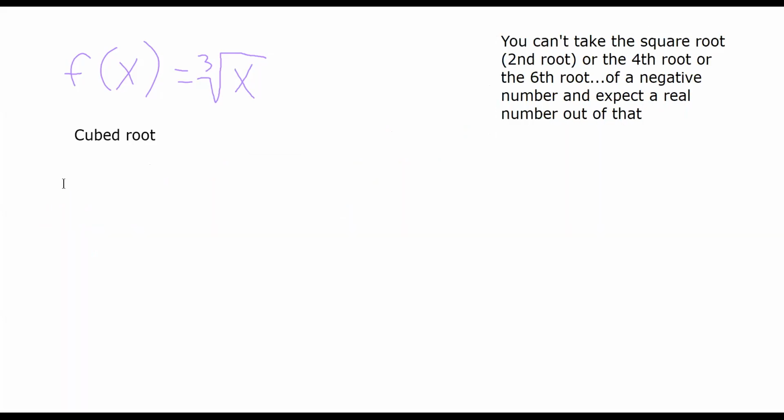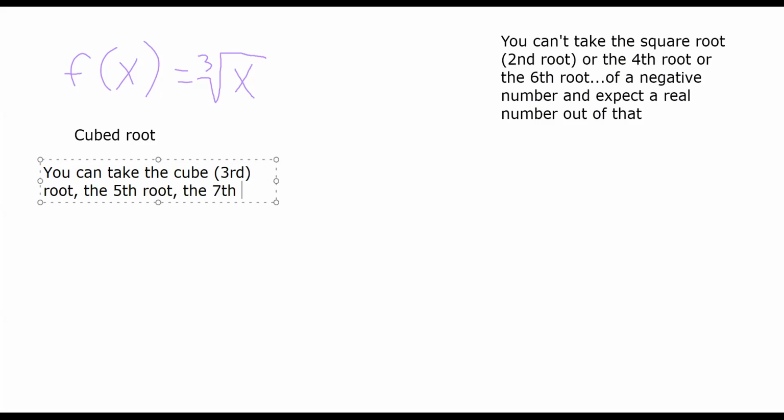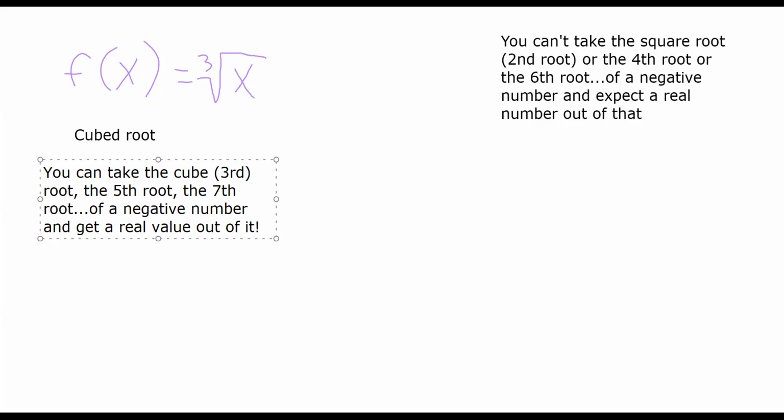The cubed root, you can take the cube or third root, the fifth root, the seventh root, etc. Whatever odd number you want, you can take that root of a negative number and get a real value out of it. You can also do it to a positive number. You can take the third root, fifth root, seventh root of a positive number and still get a real number out of it.